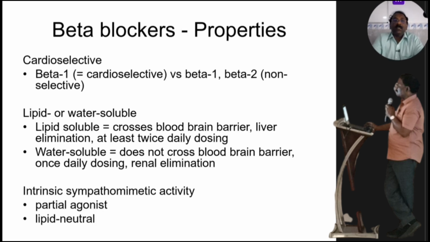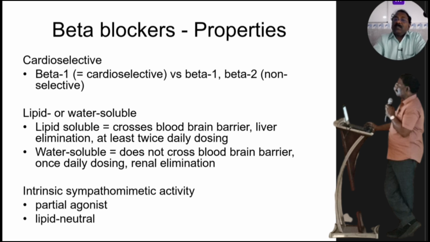So as he said, cardioselective and non-cardioselective. Cardioselective is beta 1, non-cardioselective is beta 2. Then lipid soluble and water soluble. The lipid soluble ones cross the blood-brain barrier, have liver elimination, and need at least twice daily dosing.